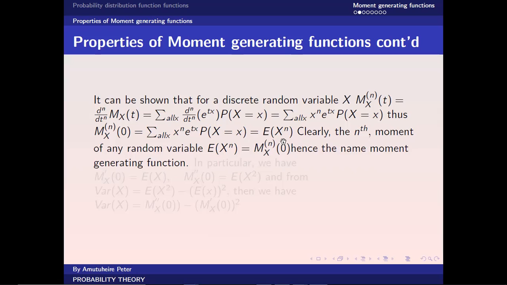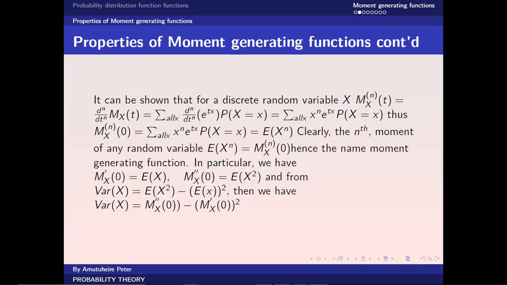Why? Because it generates moments: the first moment, second moment, up to the nth moment. So if I want the first moment, n is 1, that is the expectation of x, I take the first derivative. If I want the second moment, that is the expectation of x squared, I take the second derivative, and so on and so forth.